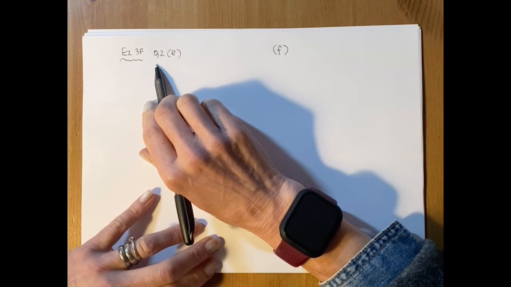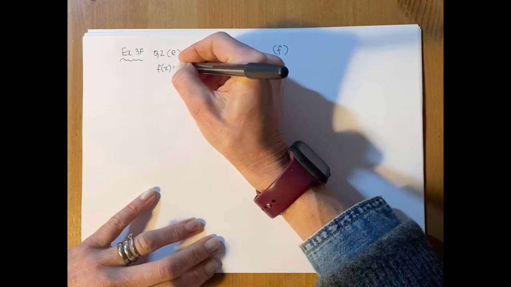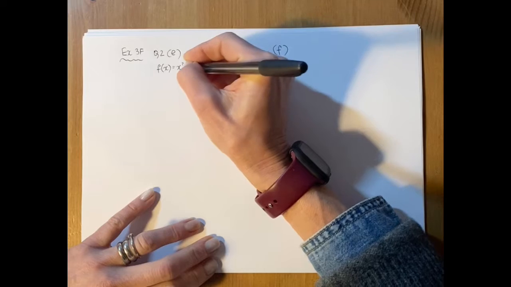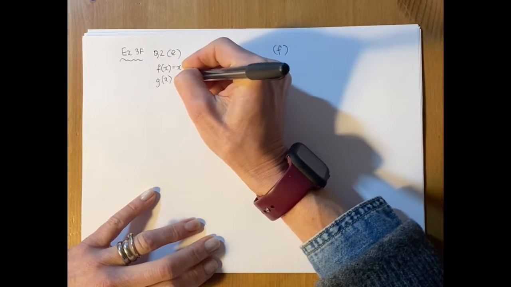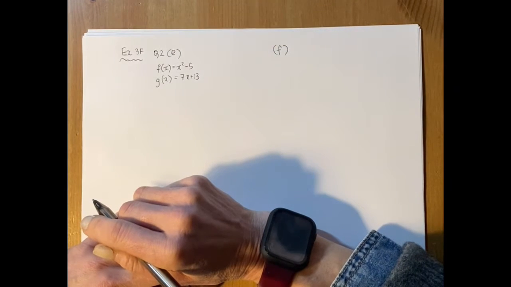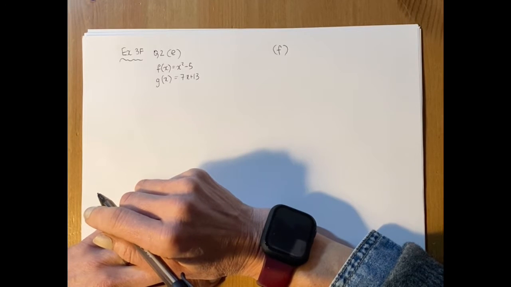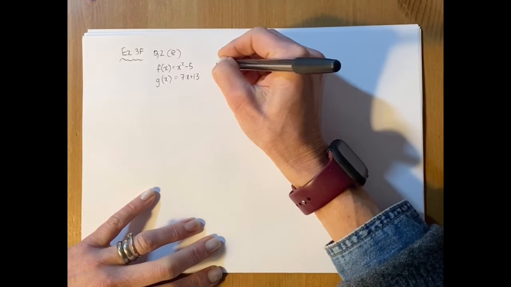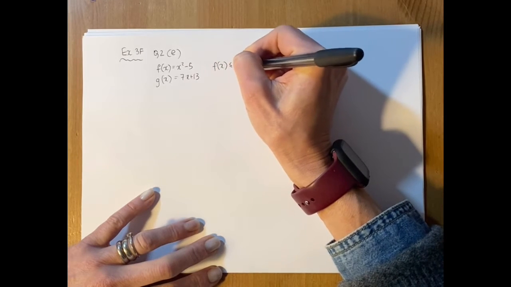In E, the functions are f of x equals x squared minus 5 and g of x equals 7x plus 13. Then you have to find the coordinates of any points of intersection, and finally write down the solution to the inequality f of x is less than or equal to g of x.